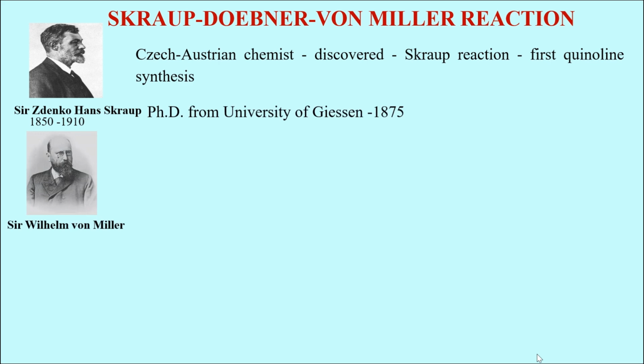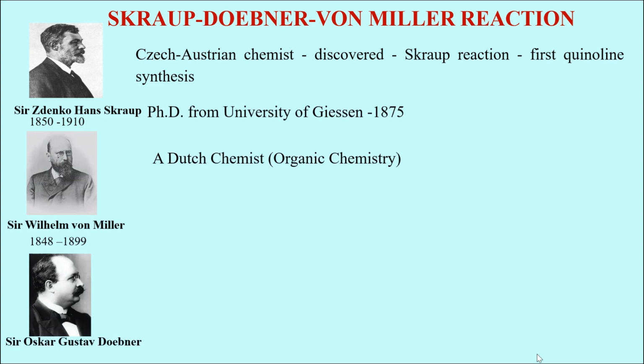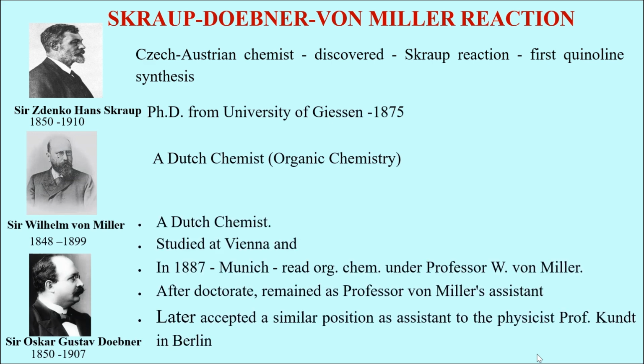Wilhelm von Miller is a Dutch chemist and he is also a doctorate in organic chemistry. Doebner is another Dutch chemist. He studied at Vienna.